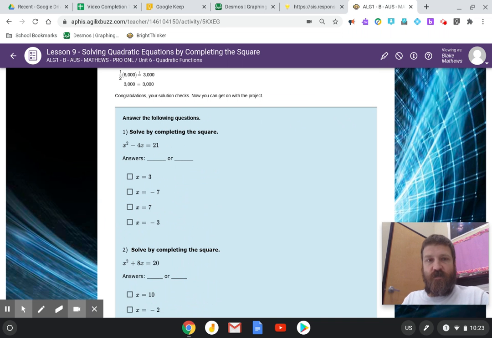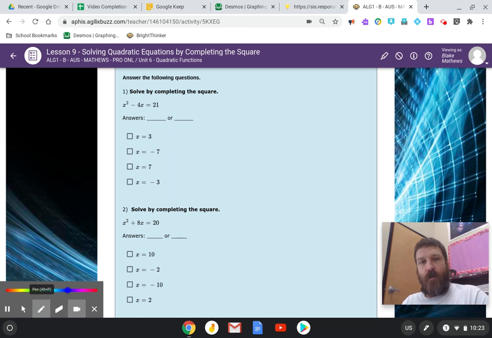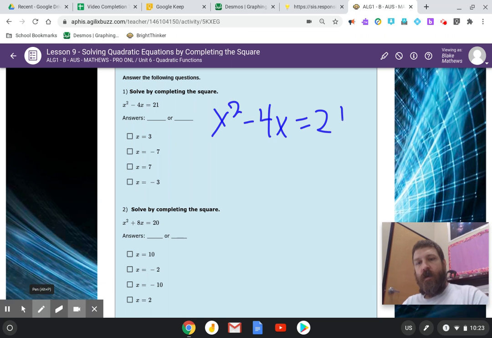There are some things we need to do to get that right. But in general, there's one thing we have to be able to do first, and then it's really just about looking at the graph. So right here we have x squared minus 4x equals 21.